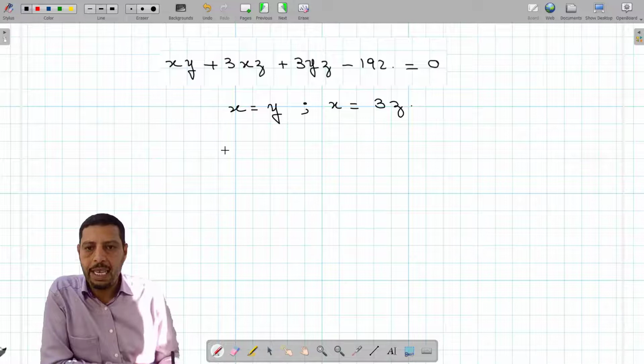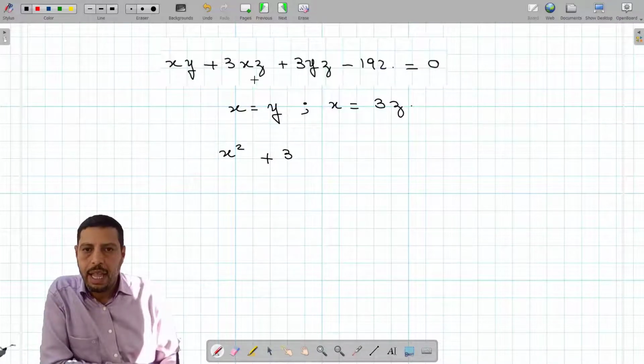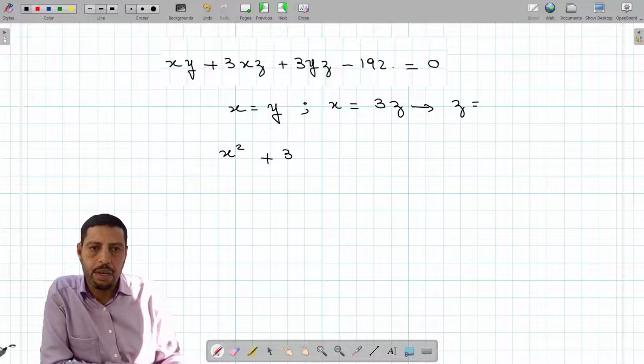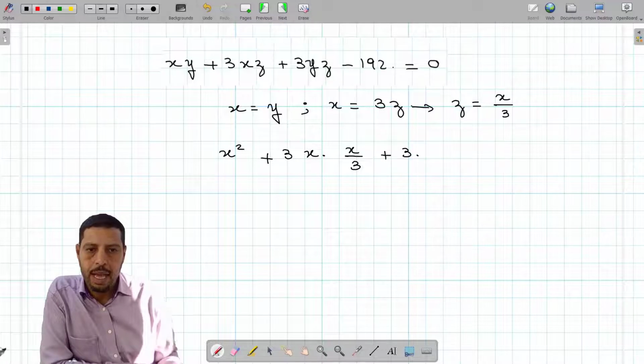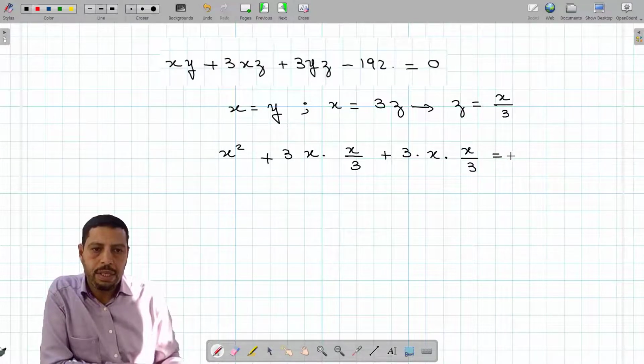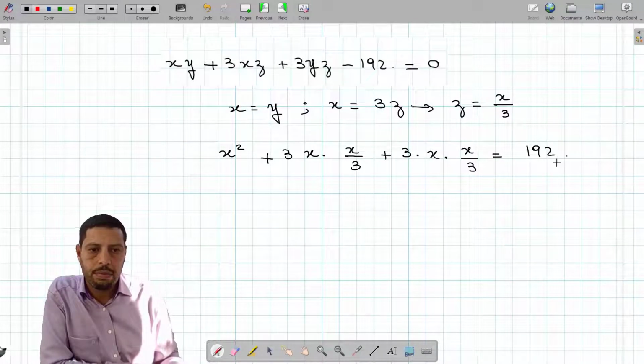So x times y is x squared plus 3 times x times z, and if x is equal to 3z, z is equal to x over 3. So you will get 3 times x times x over 3, and of course you can replace the y by x and the z by x over 3, equals 192, okay.